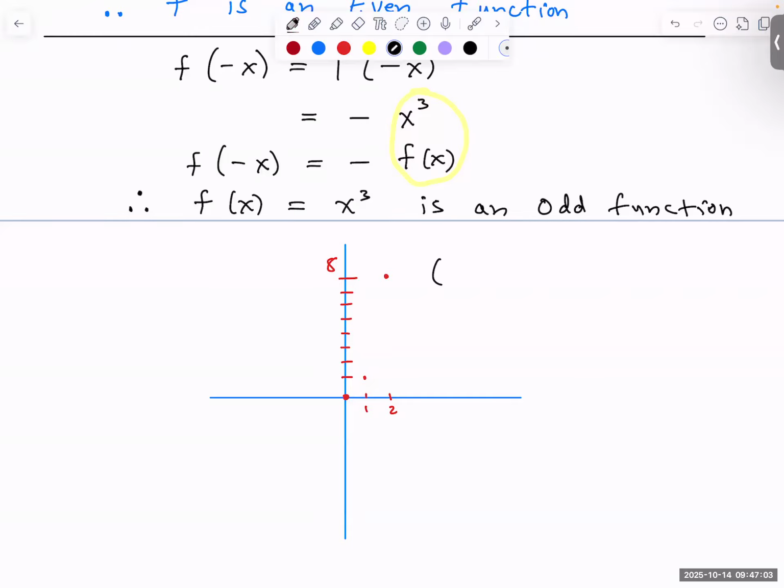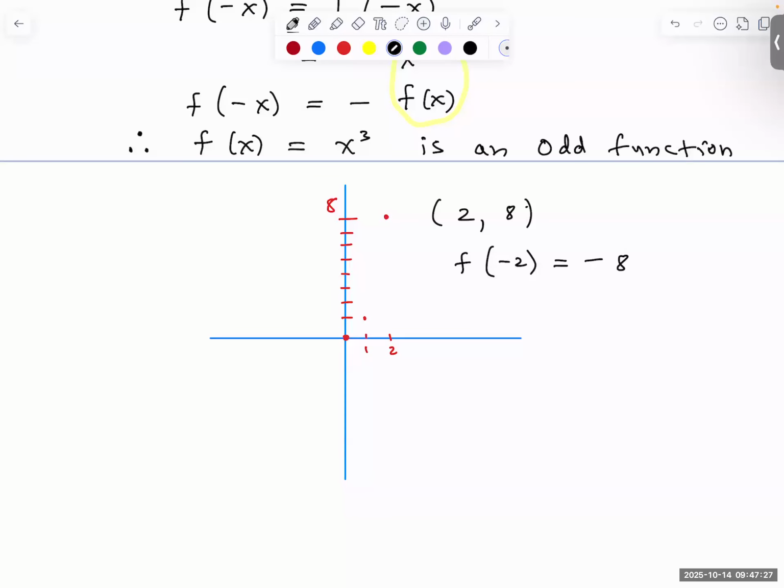So if we input x is positive 2, f of 2 is positive 8. And since the cubing function is an odd function, f of negative 2, when you cube negative 2, you get negative 8, which is the opposite of positive 8.